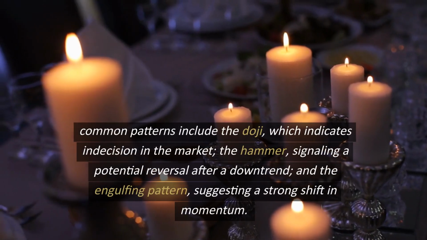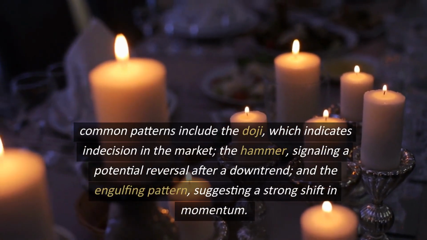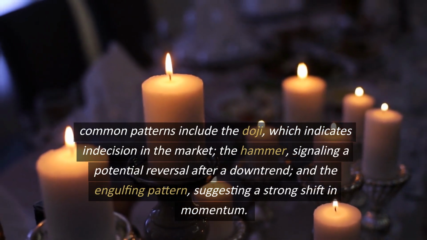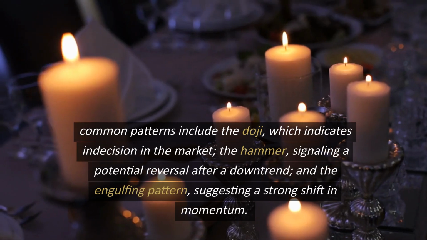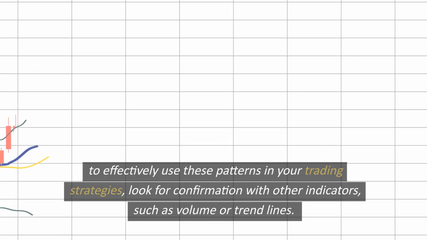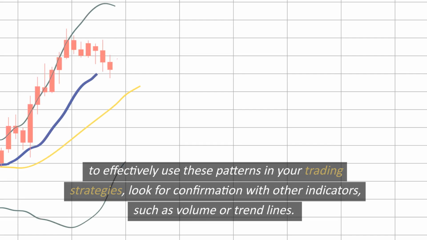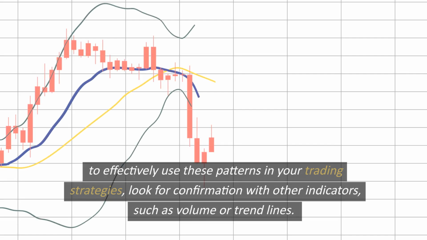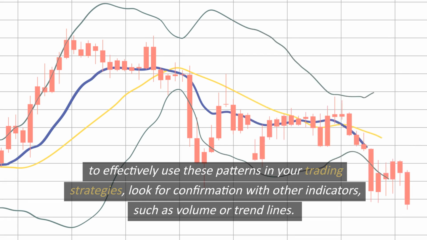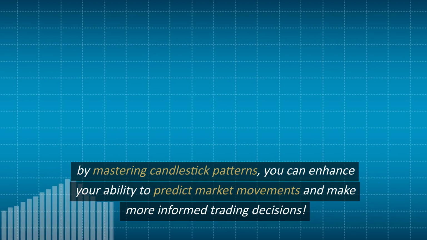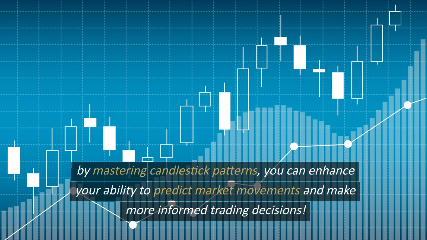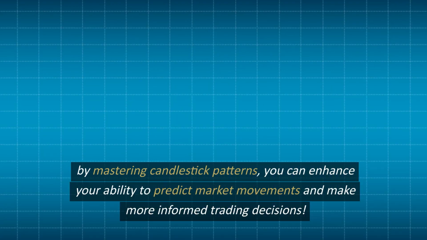Common patterns include the doji, which indicates indecision in the market, the hammer, signaling a potential reversal after a downtrend, and the engulfing pattern, suggesting a strong shift in momentum. To effectively use these patterns in your trading strategies, look for confirmation with other indicators, such as volume or trend lines. By mastering candlestick patterns, you can enhance your ability to predict market movements and make more informed trading decisions.